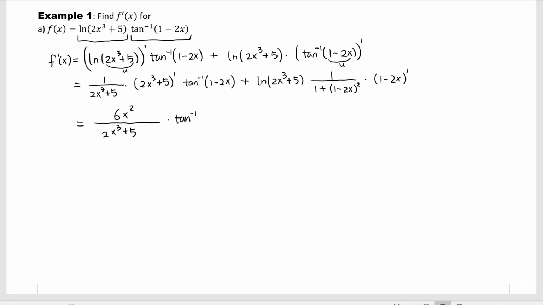We have the arctangent of 1 minus 2x, and then we have ln of 2x cubed plus 5. Okay, what is the derivative of 1 minus 2x? Yes, negative 2. So we have 1 plus 1 minus 2x squared. Okay, and that's it. You don't need to simplify.